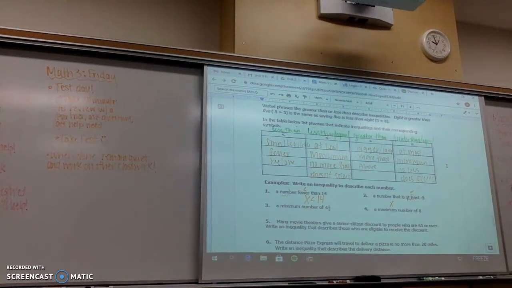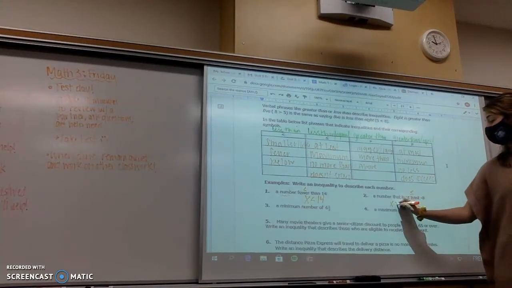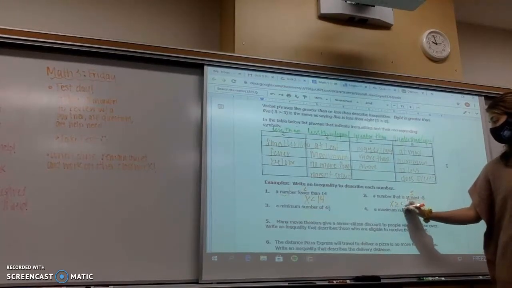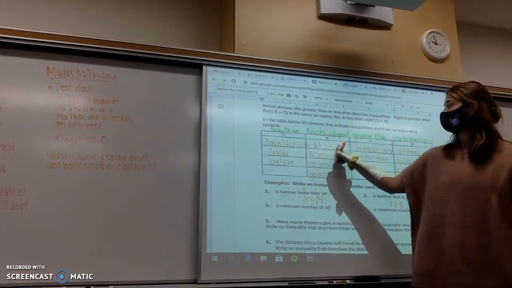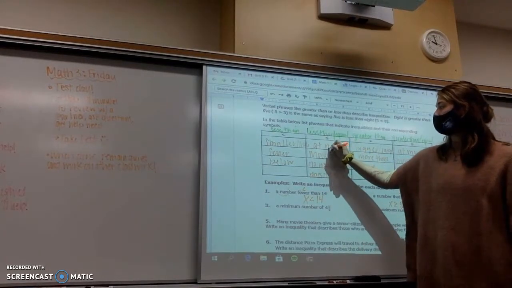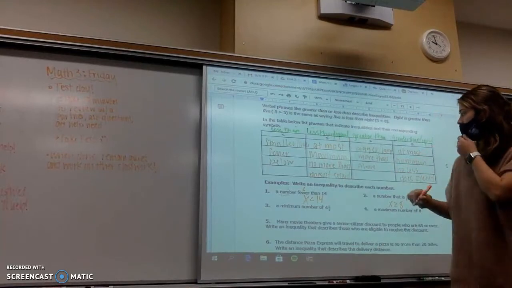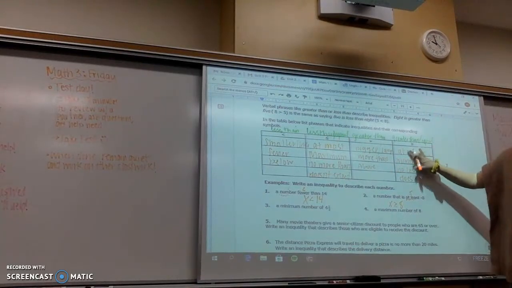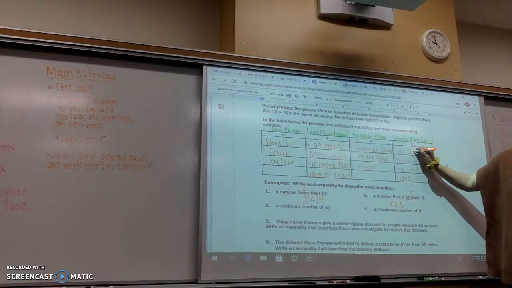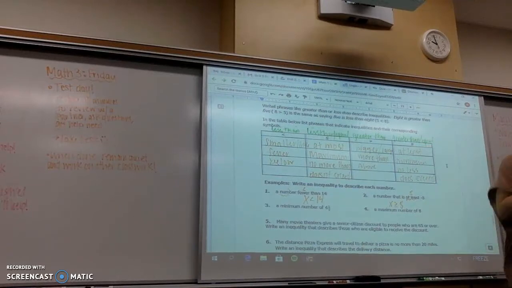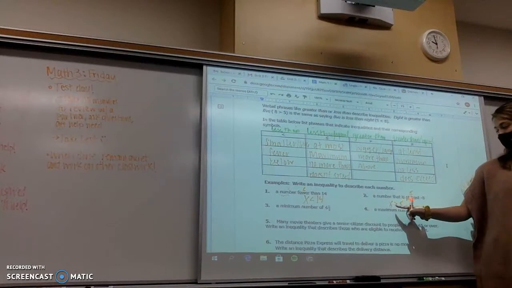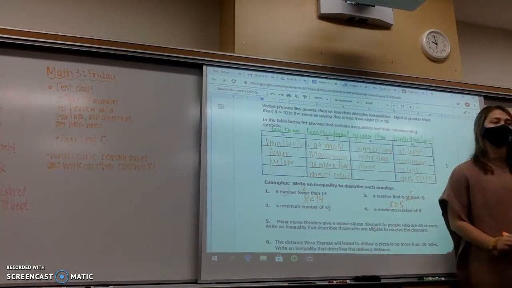If you have to be at least 5 feet, that's 5 feet or greater. So we need to switch this up here. Our less than or equal to needs to be at most, and our greater than or equal to needs to be at least. So make sure you guys fix that. So this one becomes x is greater than or equal to 8.